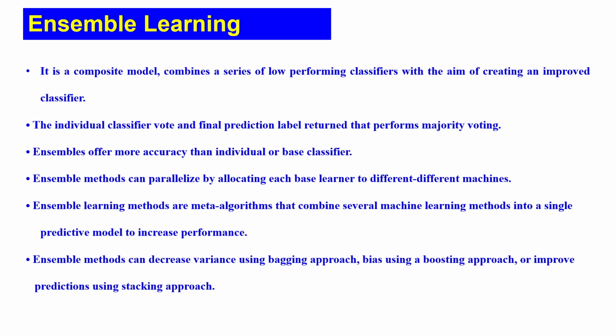Remember these aspects. Now, if all the learners are using the same algorithm, let us say all are using regression analysis, then it is called homogeneous ensemble learning. If different learners are learning different kinds of algorithms, then it is called heterogeneous learning.